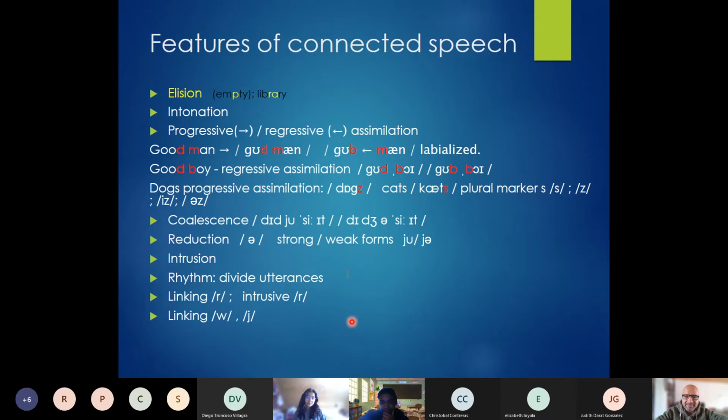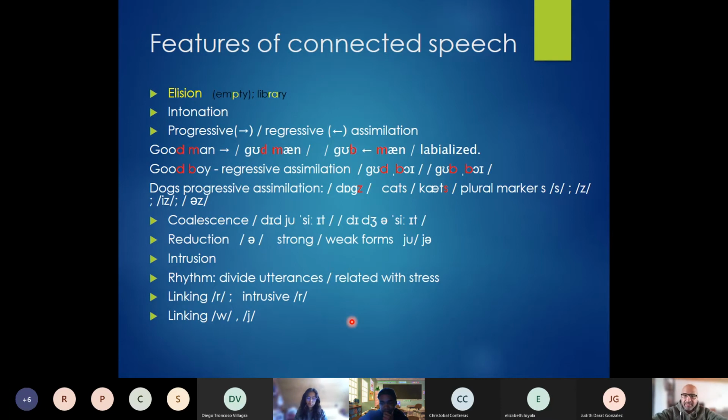Rhythm is connected with stress, all right? Exactly. Stress is present in English, right? In spoken English, stress is present in words. So we have word stress.